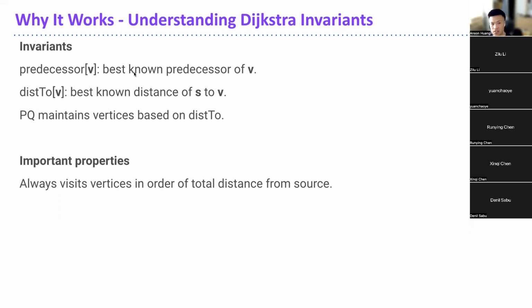The predecessor is the best known predecessor of V, the best known path to get to V. And dist to V is the best known distance from s to V. So at each point, we always have the best currently known distance from the source to some vertex V. And the priority queue always maintains vertices based on dist. That means the item at the front of the priority queue is always going to be the next shortest path available in your graph that you haven't explored yet.